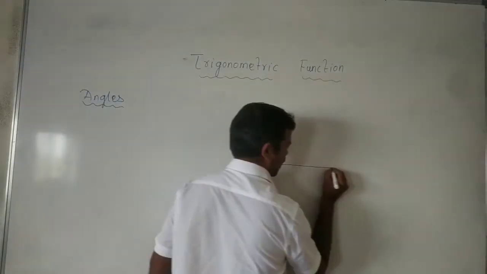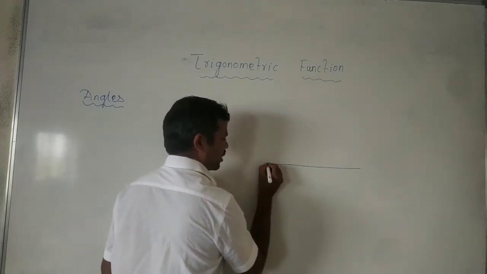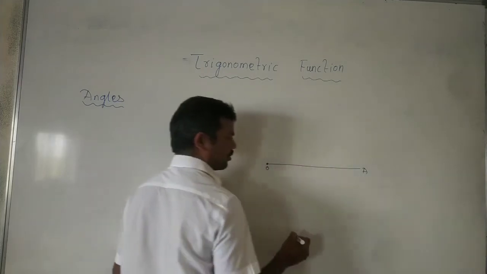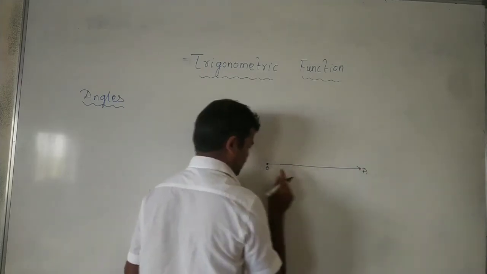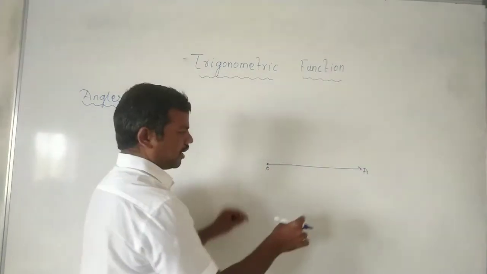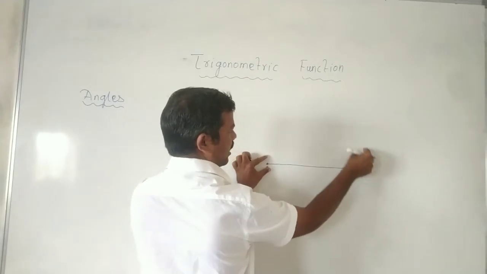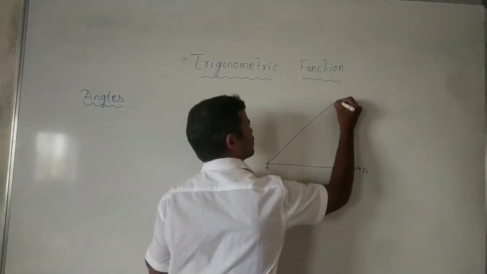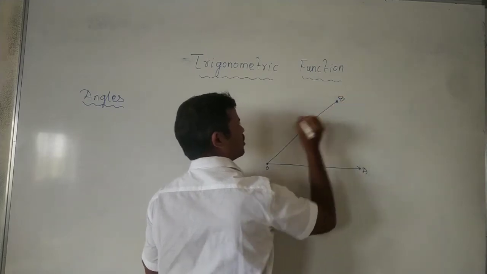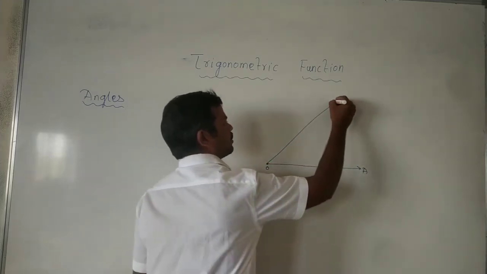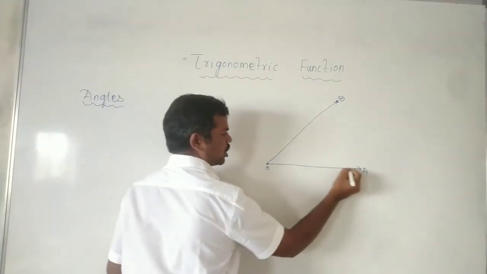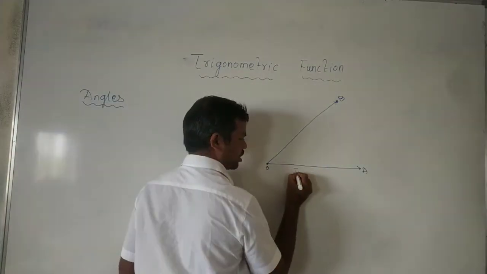Suppose OA is the initial ray, and we rotate this OA, keeping O as a fixed point, and we start rotating A like this. Then it reaches another end point, which we call the terminal ray. The original line is called the initial ray.